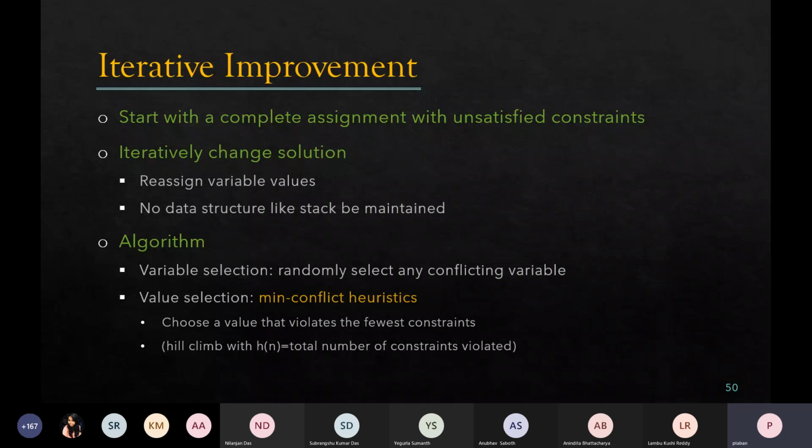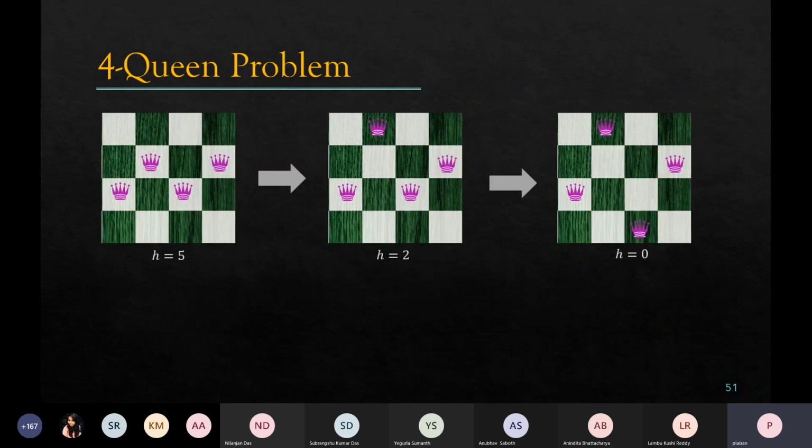And try to reassign values so that we can minimize the conflict, right? So basically, to put the thing in a very simplistic way, this is the assignment that we have started with, all red to these two nodes, and we pick up one node and try to assign a different value, and that will minimize our conflict, right?